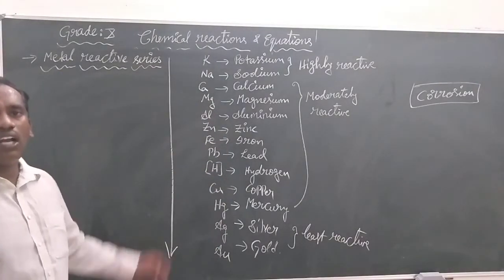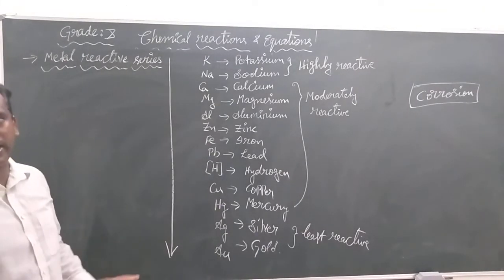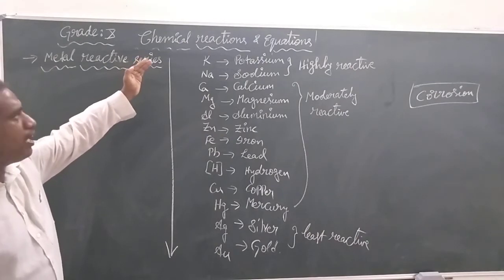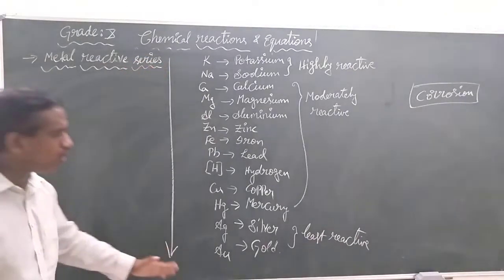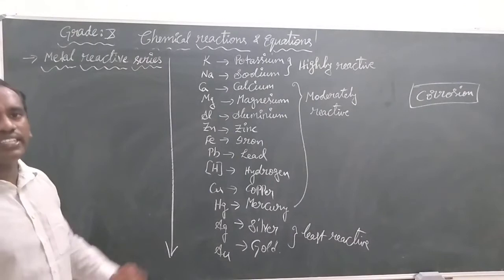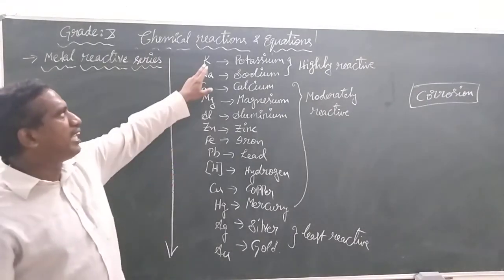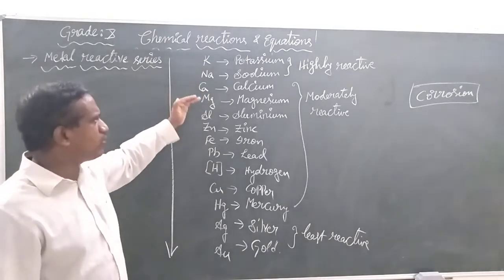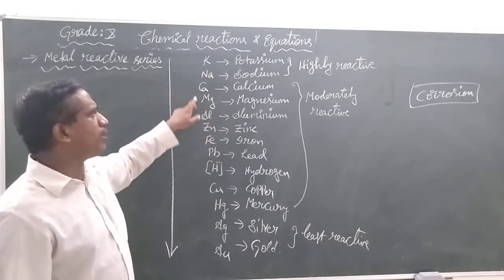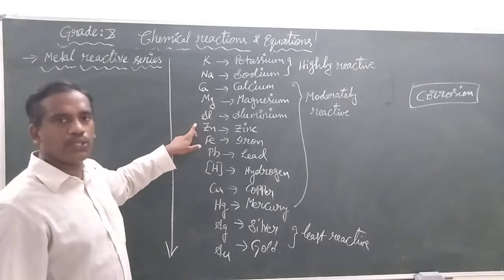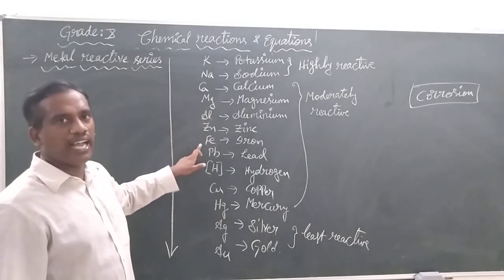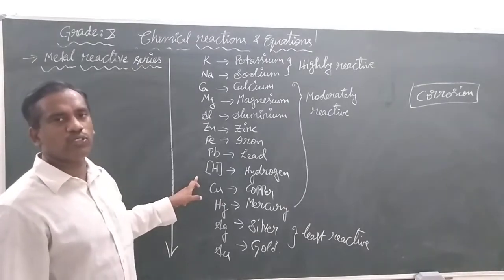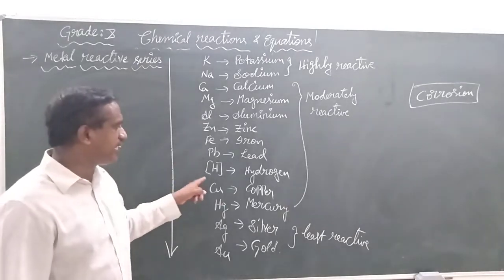What is the chart we call? Metal reactive series. In this chart, we got the metals from the highly reactive to the least reactive. Let us see what this chart is. Highly reactive are potassium, sodium. Then it goes on like calcium, magnesium, aluminum, zinc, iron, lead, hydrogen. Your question will be, why was hydrogen taken here?